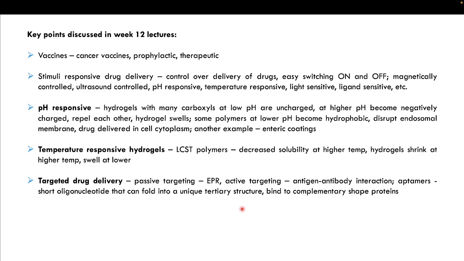On the other hand, we have something known as active targeting. So here now we are going to modify your drug delivery system in such a way that it will go and target a particular organ or a particular tissue. Now what can you use for this targeting? You can use antigen-antibody interactions. For example, let's say there is this tumor in the body, and I know what kind of tumor it is, what kind of cancer cells are there in this tumor.